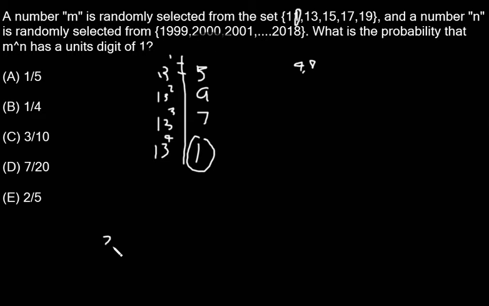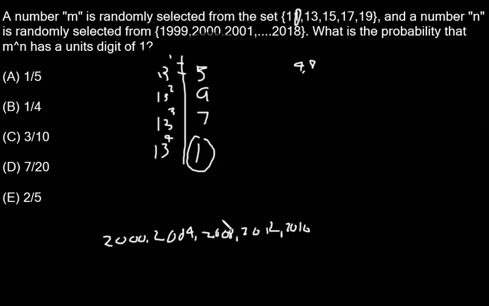Well, we have 2000, 2004, 2008, 2012, 2016, and that's it. Geez, I'm writing more than I need to. So we have 1, 2, 3, 4, 5.